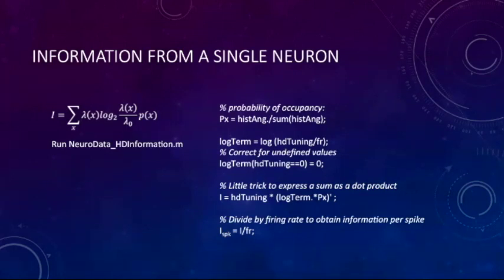Again, we can talk about it, but as you will see, the probability of occupancy is pretty straightforward. There's just a very little trick of linear algebra here to express a sum over all the different positions as a dot product, because MATLAB is really good at linear algebra. So whenever you can write something in terms of a dot product of vectors instead of a sum, that will be much faster.